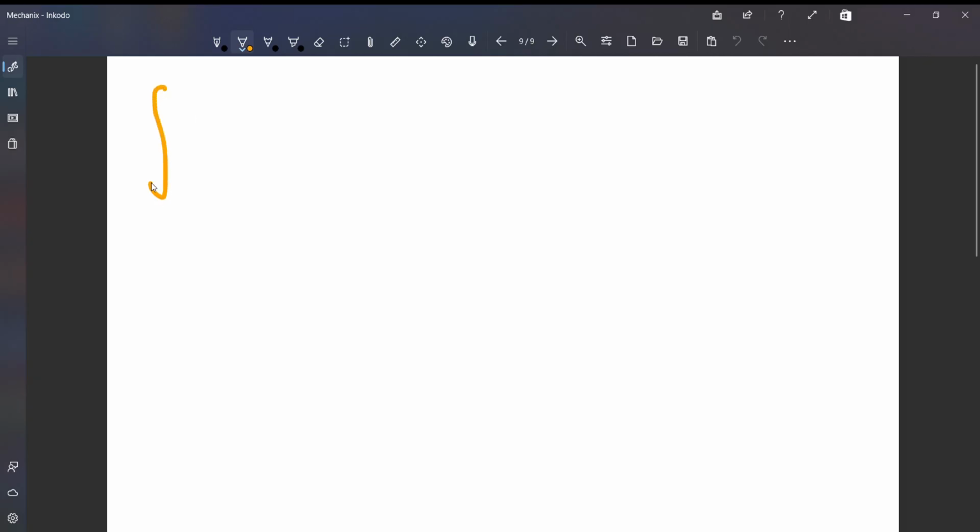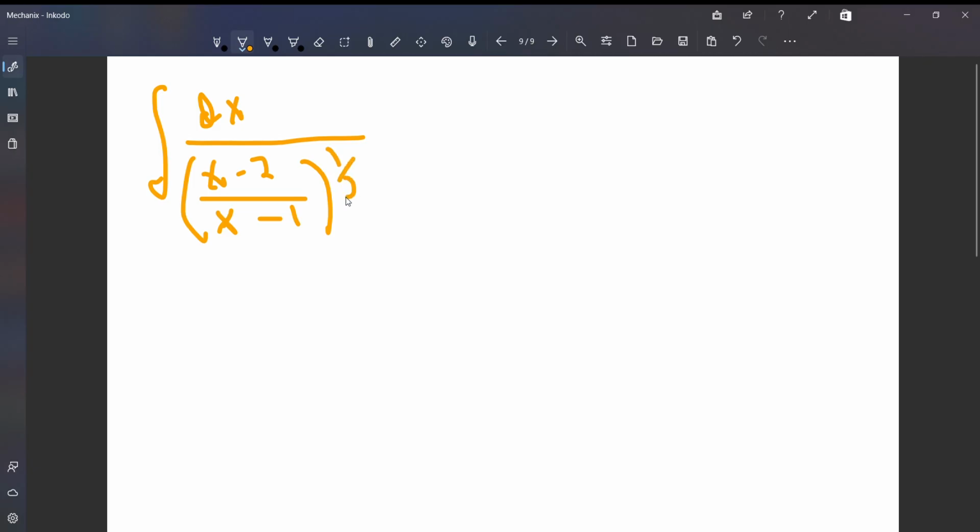So integral dx over x minus 2 by x minus 1 whole to the power of half into x minus 1 whole square is our required integral.